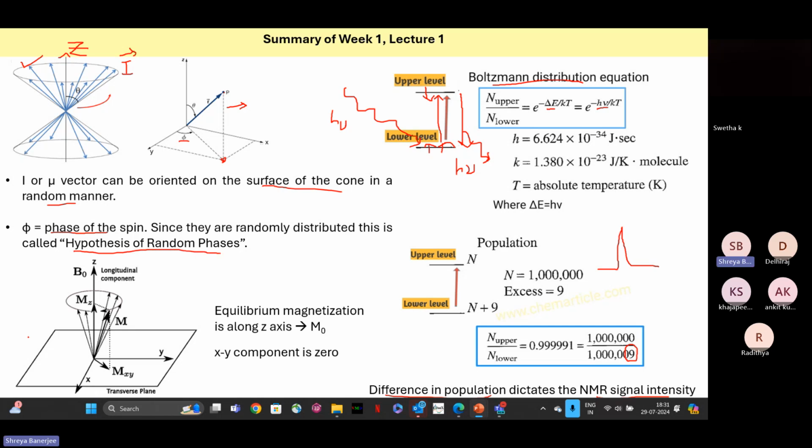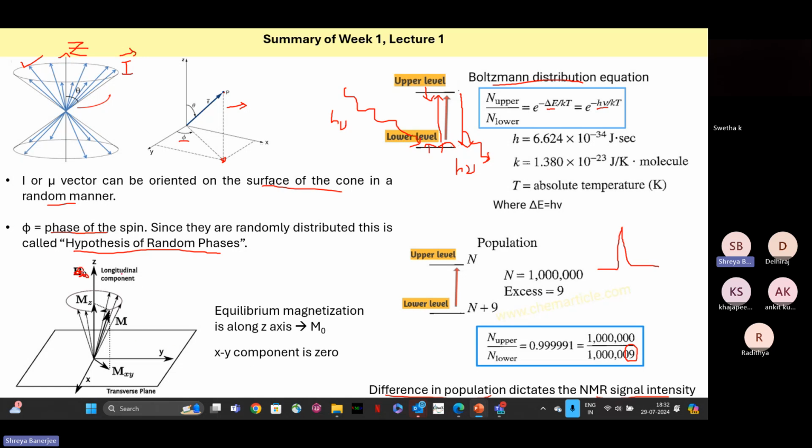But what happens when you give an external magnetic field? As you can see here, an external magnetic field is given. And this is your magnetization M. This picture is again for when you have not given an external magnetic field yet, so just ignore this B0.